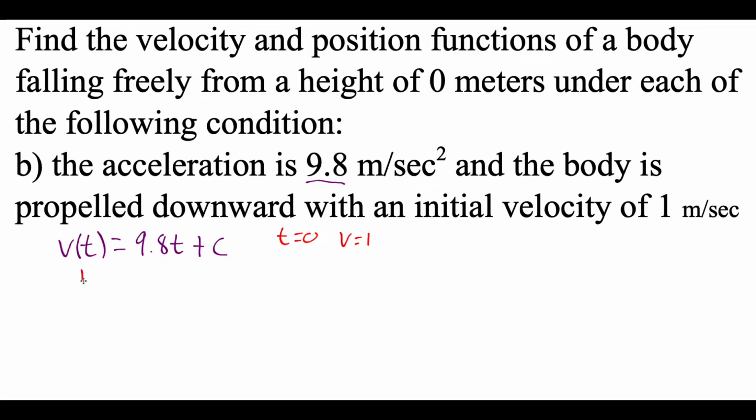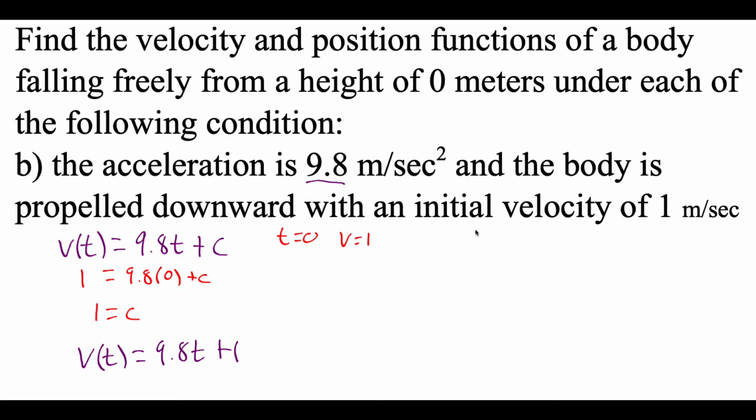We know that our velocity is 1, and that's going to be 9.8 times our time of 0 seconds plus this c value. Well, 0 times 9.8 is 0, so we get 1 as our c value. So then our velocity function v of t must be 9.8t plus 1.